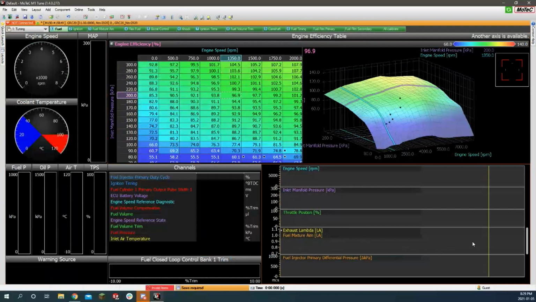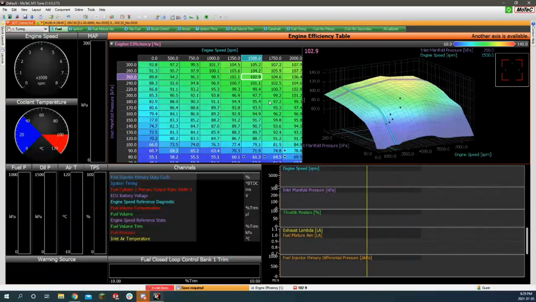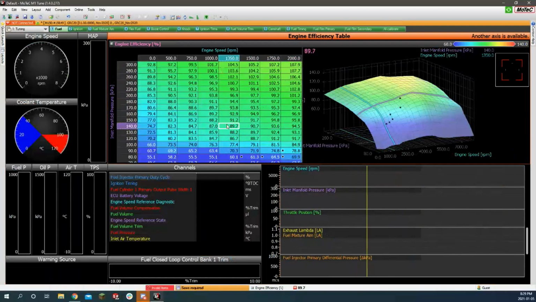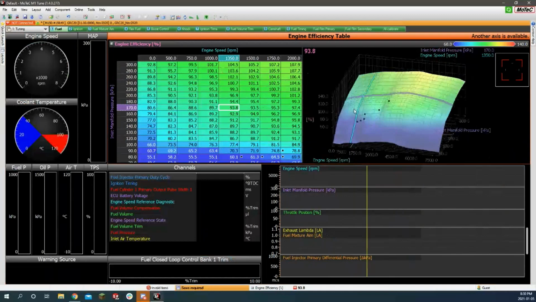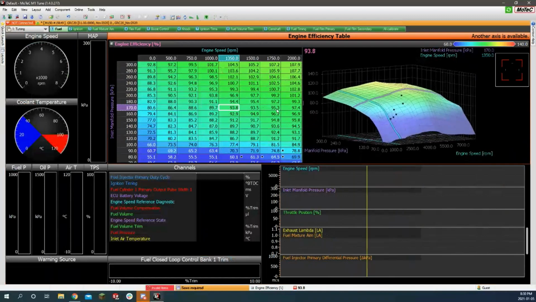It'll plot it, so then you can see what your lambda is at any given time, and you can adjust for it. So instead of doing the math yourself and typing in the numbers manually, you can go here, press Q, go up here, press Q, go up here, press Q. Then when you're done your tuning, you can interpolate between them and get a nice smooth line. You can see this graph is pretty smooth. And that'll help you dial in your fuel trims pretty fast.